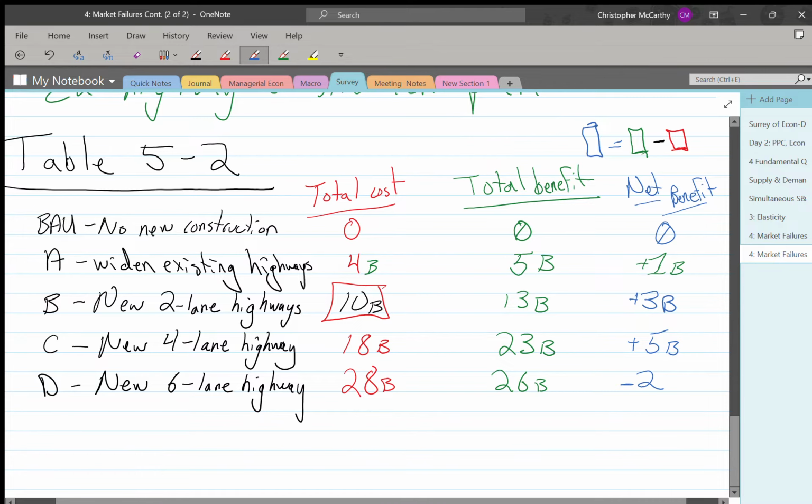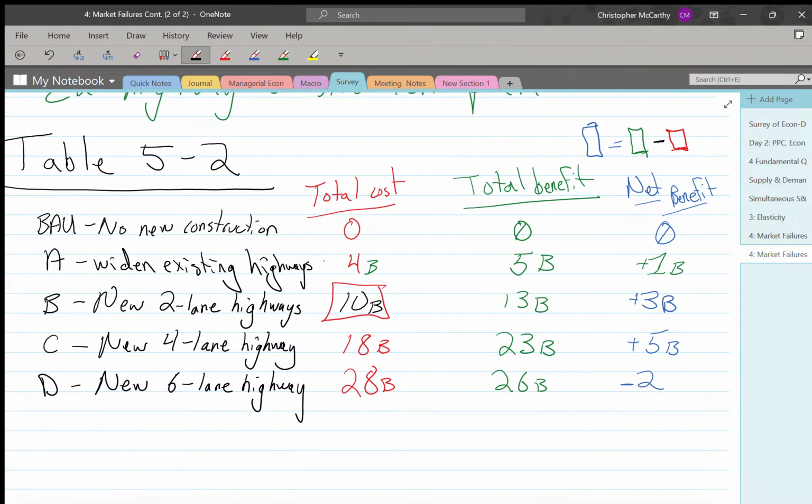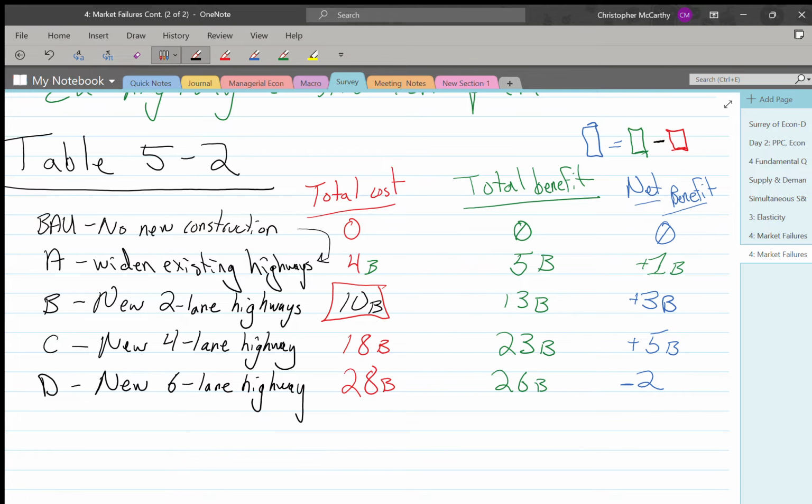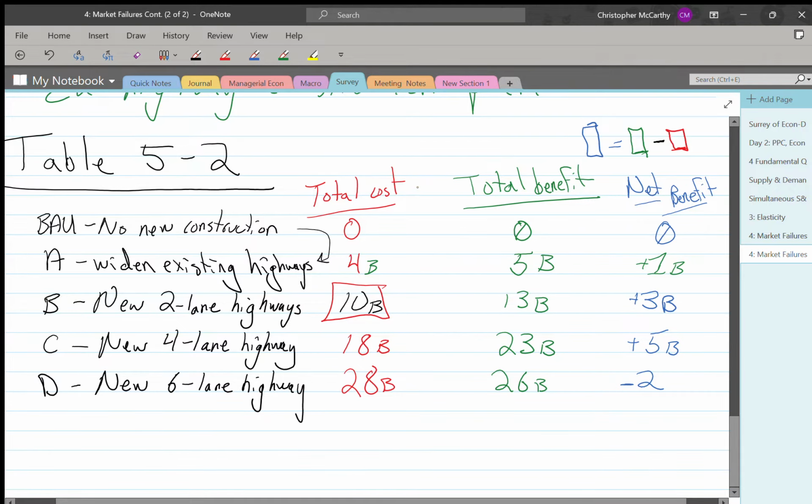So this is one way for us to figure it out, right? We use our incremental analysis. We start from this point right here. Do we want to go to A? Yes, because of the net benefit. We figured it out by just looking at the net benefit.